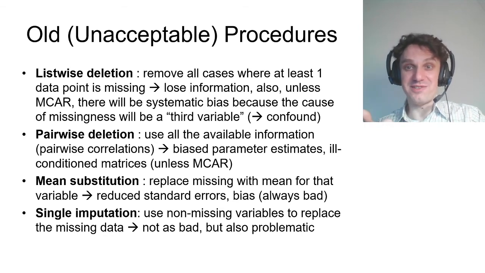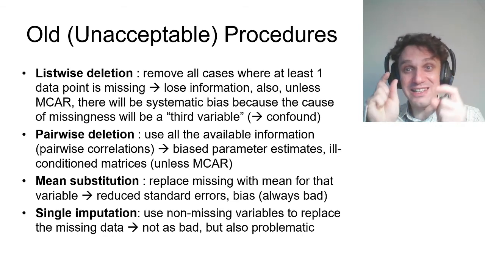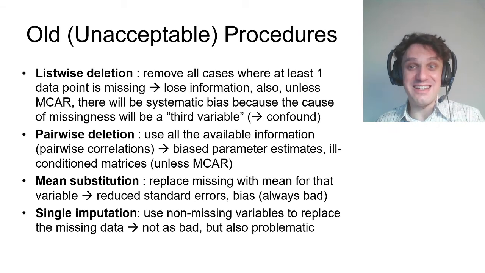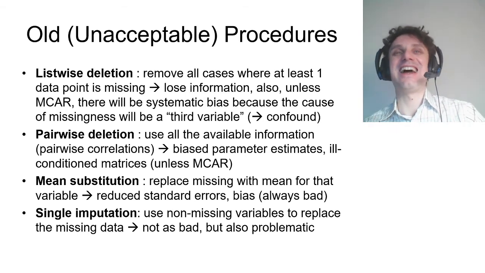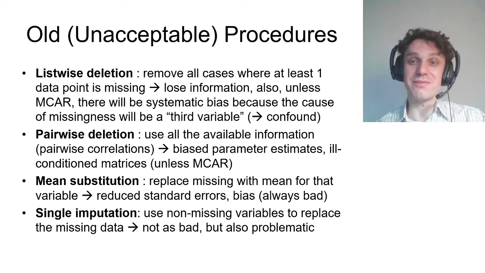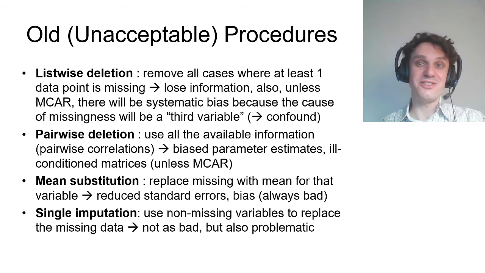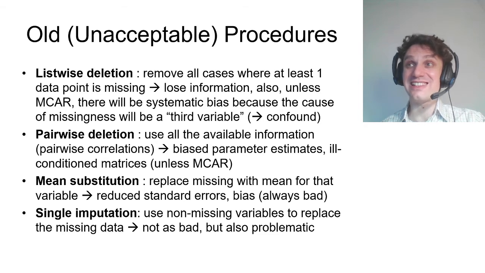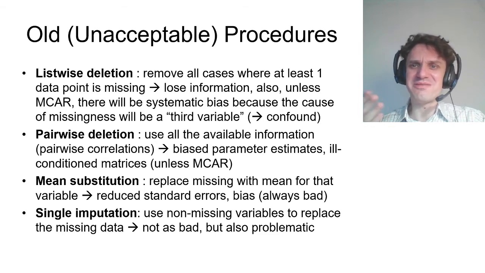You have a problem substantially because these correlations are based on incomparable samples, even though they are in the same matrix. And also you might have a problem if you try to apply more complex statistical approaches like factor analysis to this correlation matrix. There might be all kinds of warnings that it's ill-conditioned and it's not invertible, so it will be a pain to deal with.